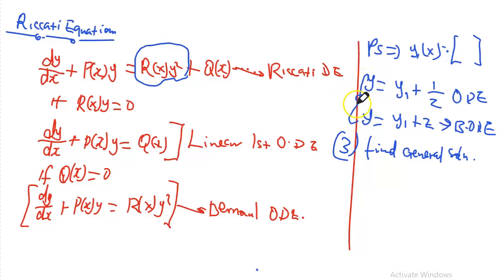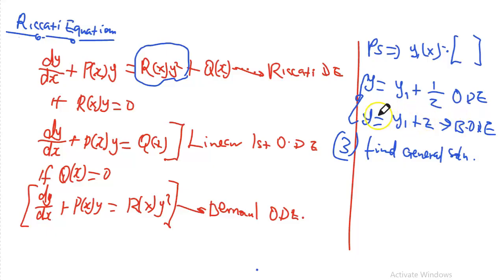You can either reduce the Riccati differential equation to linear order by putting in y, which is the initial value, plus 1 over z, and when you do this, you simply get your first order differential equation.